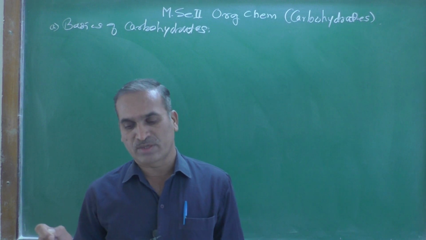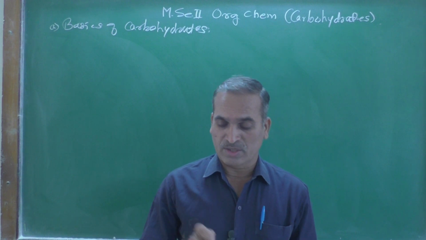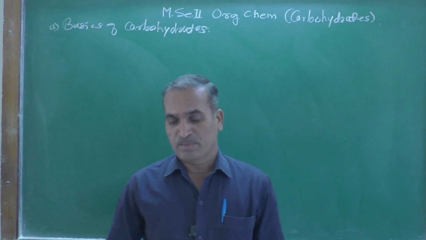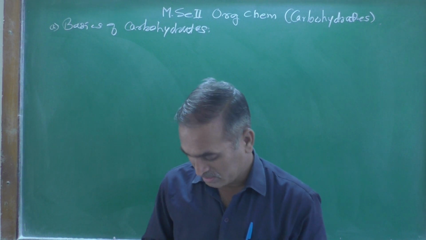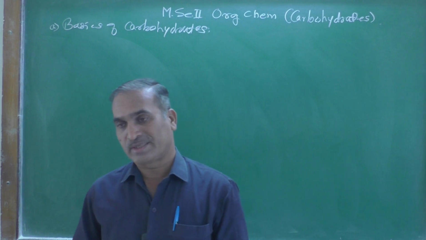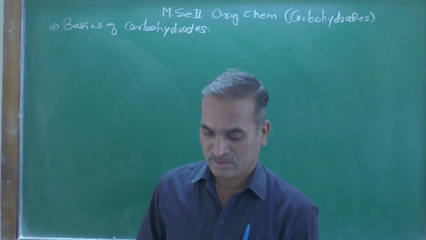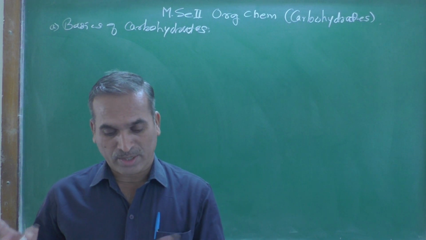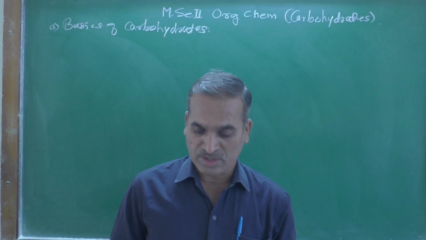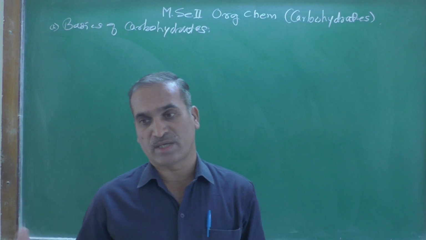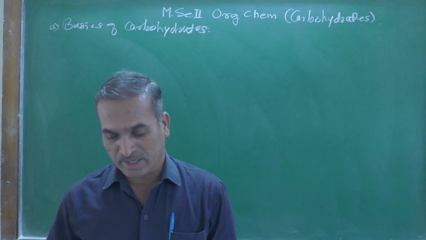When this is treated, it consumes 5 periodic acid and produces 5 moles of formic acid and 1 compound, formaldehyde. That clearly indicates that glucose contains 5 hydroxyl groups and 1 oxygen atom, meaning 6 oxygen atoms, alternately placed. That type of information we can get here.